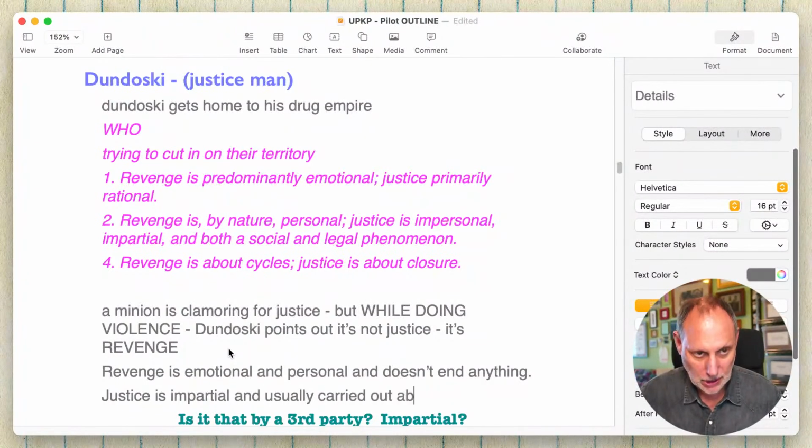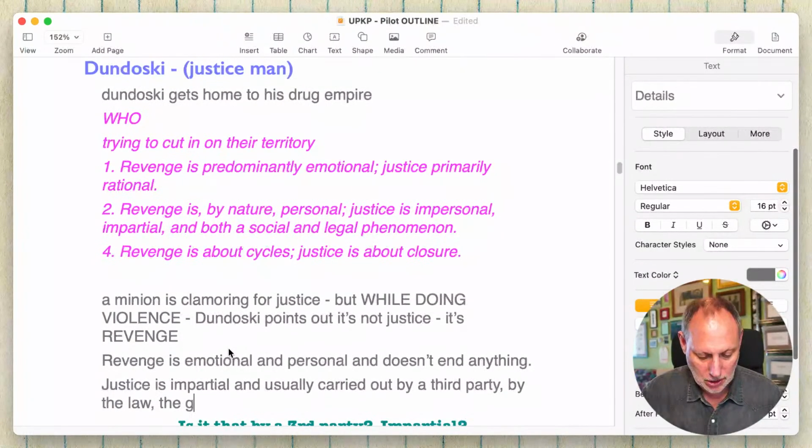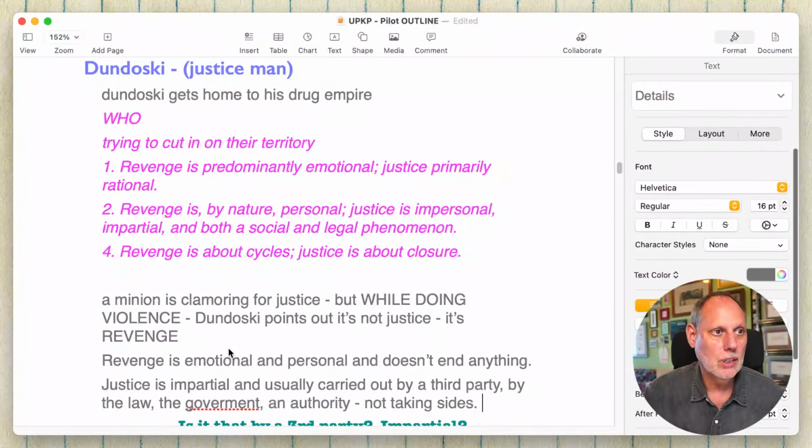Carried out by a third party, by the law, the government, and authority, not taking sides. Okay, so these are things that Dundosky is going to say.